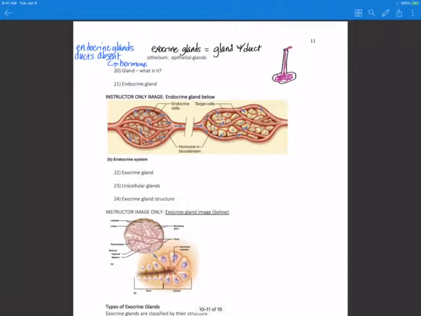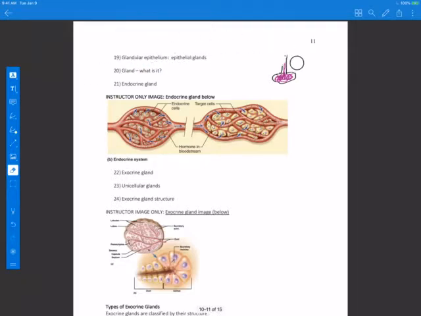They include unicellular versus multicellular glands, and they also include exocrine glands that are classified according to their function. So all of those things are included.